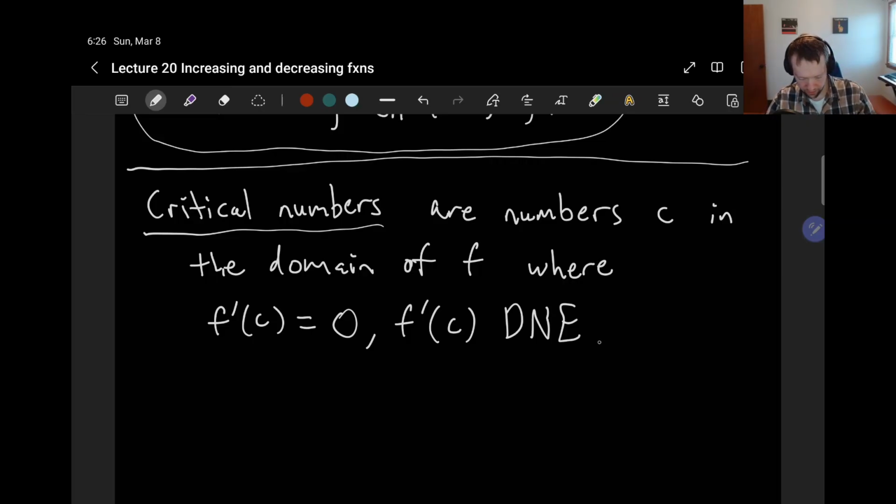If the derivative does not exist or is undefined, then that counts as a critical number. And this next one is not going to be a big focus today, but it's important to say it. Or if c is an endpoint in the domain. Excuse me, is an endpoint.